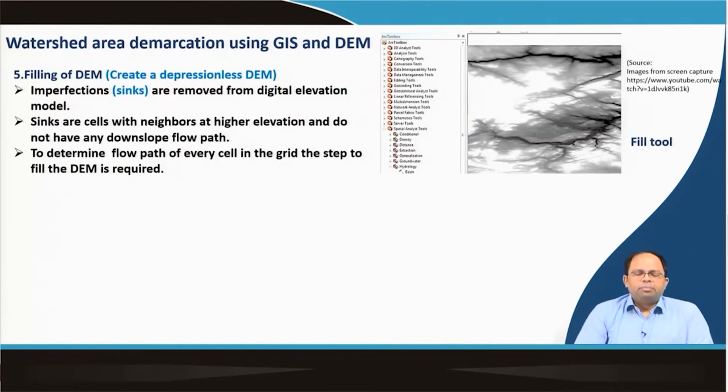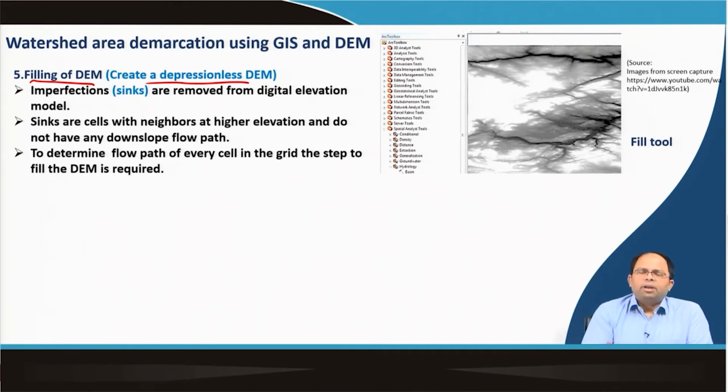Once I have got my GIS map as well as the DEM data, the first step is to fill the DEM, that is, create a depressionless DEM. DEM data has elevation data, so it has a lot of minor depressions. Even though in stormwater design, in the last lecture, we were talking about initial abstraction, that means water gets stored in the initial depressions, and once it fills up then only it moves out.